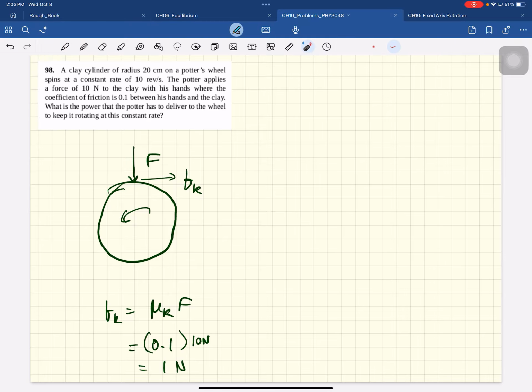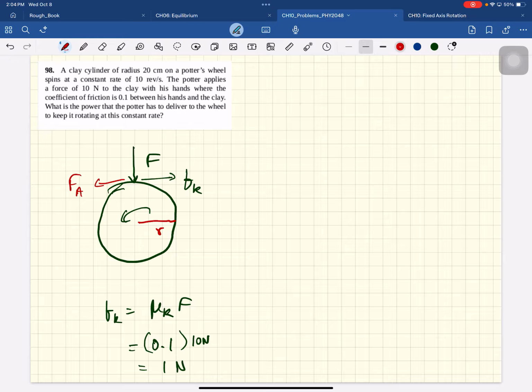Now, to keep it moving at constant velocity, you have to apply a force equal to the friction force. So the applied force needs to be equal to the friction force. What is applying that force? The motor is applying that force, and you can think of the motor rotating at 10 revolutions per second.